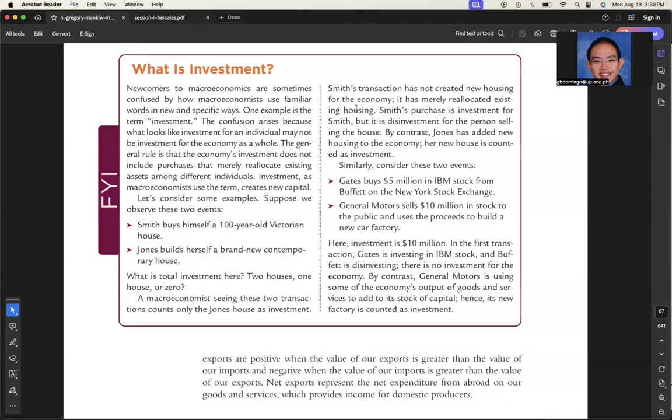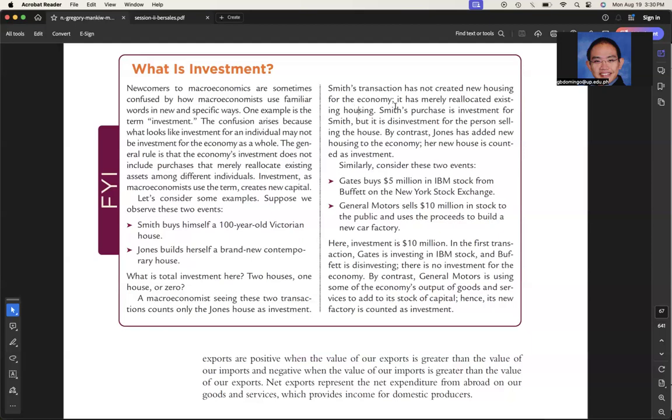So from the idea of Smith here, you're buying this house and then you want it to appreciate, right? That's why it's called an investment for an individual person. The study of these kinds of decisions are called personal finance, right? And this is something that you may study in a finance course here in the School of Econ as well. However, it is disinvestment for the person selling this house from a macroeconomic point of view.